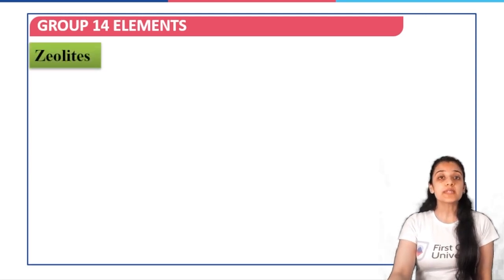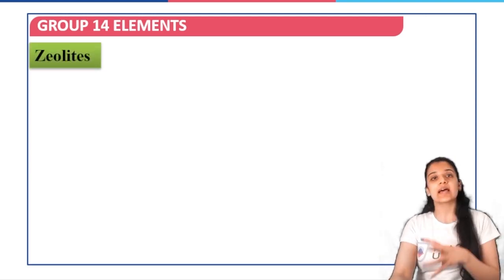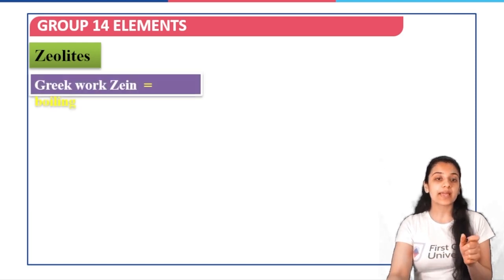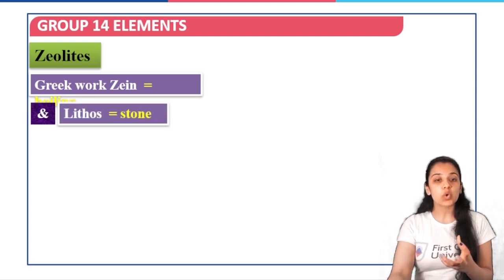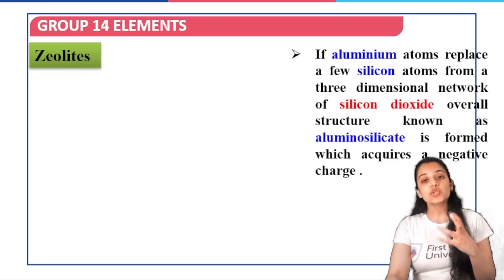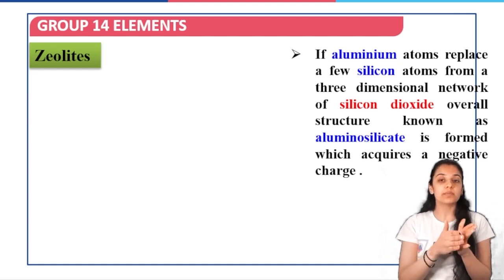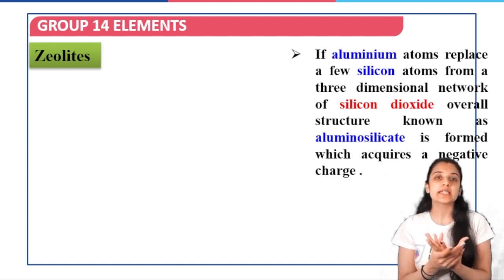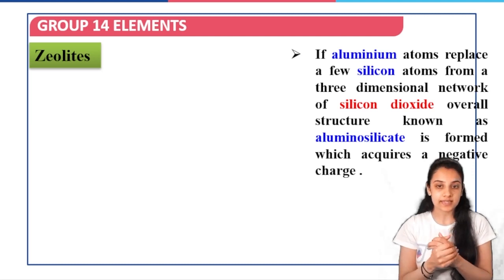Now we move on to zeolites and how silicates are associated with them. The Greek word zein means boiling and lithos means stone. In a zeolite, aluminum atoms replace a few silicon atoms from a three-dimensional network of silicon dioxide, SiO2.